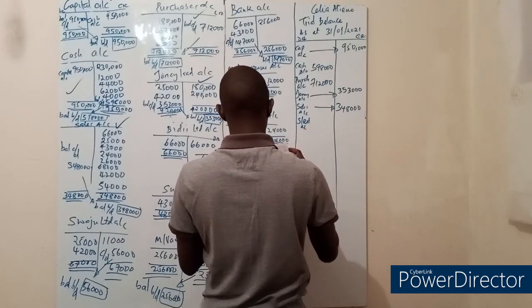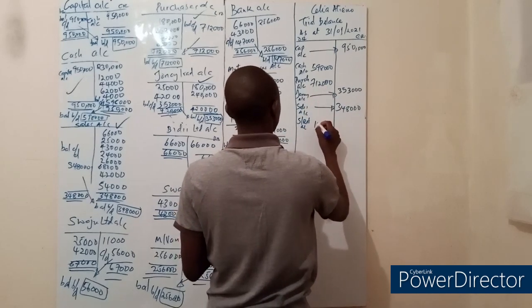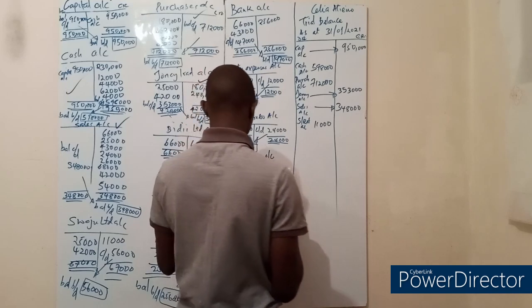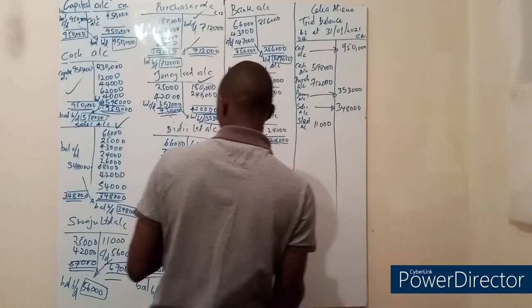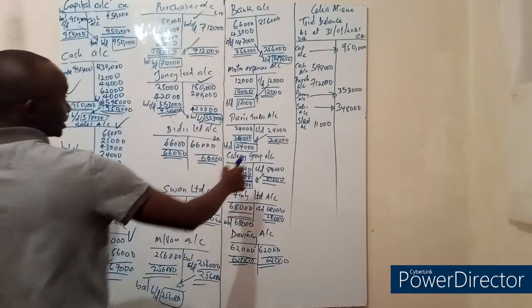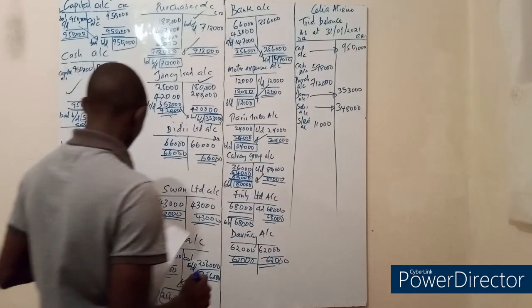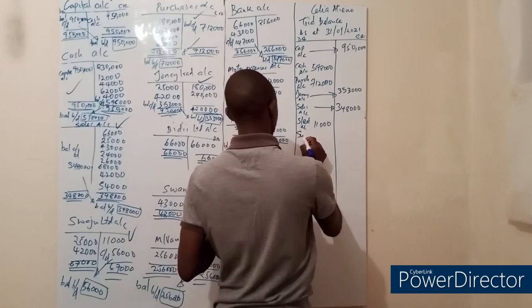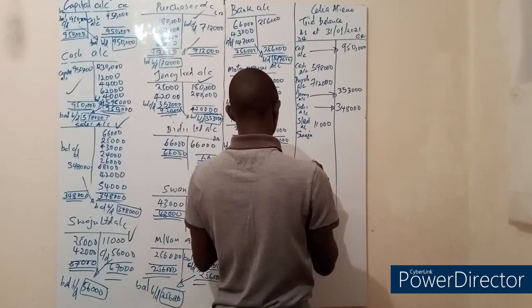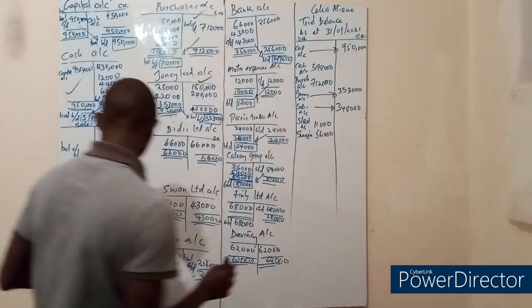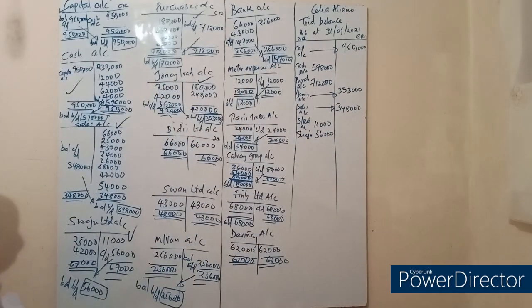Sales returns account were 11,000, right? You can just go back and find out. And then we had Swaju Limited. So I wanted to combine the sales and these ones, so I wanted to show them differently. Swaju Limited account was 56,000, isn't it? 56,000 on the debit side.